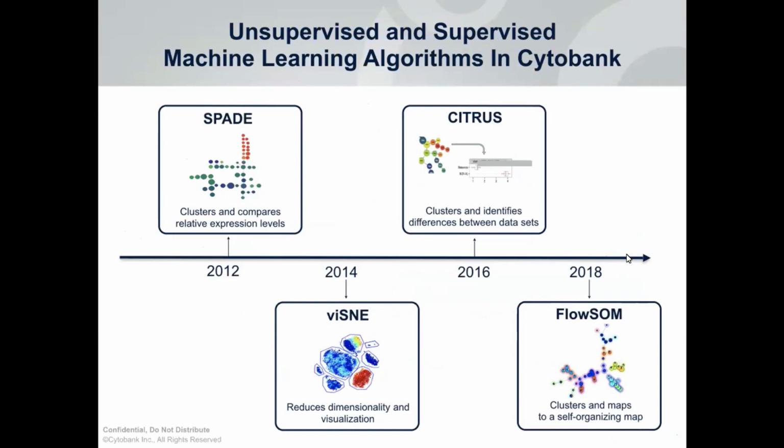Here's a list of the machine learning algorithms available in Cytobank. We have clustering tools like SPADE and FlowSOM. FlowSOM is one of our new releases that enables you to cluster more events in shorter time. Visne, you may all be familiar with, is the dimension reduction tool that allows you to map n-dimensional events onto a 2D plot while still preserving all the information of all events.